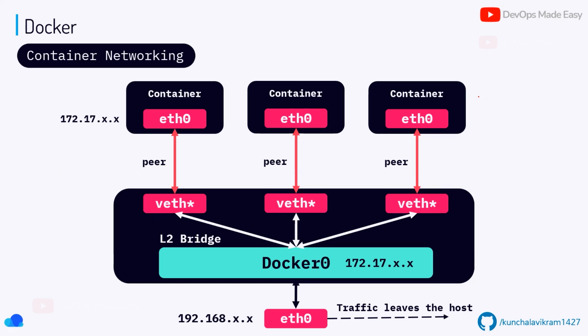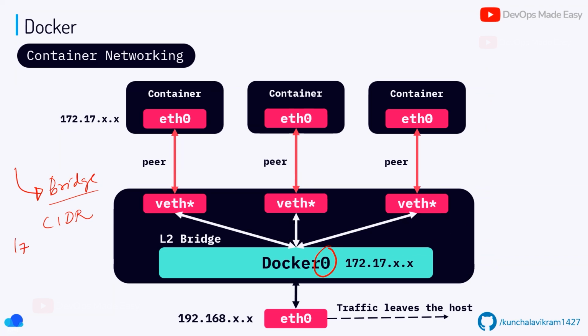Here these are all containers, and you can take this as your host part. Whenever you install Docker, a default bridge network called Docker 0 is created. Since this is a bridge network, it should have a CIDR range, like what all IP addresses it can allocate to the devices that connect to this bridge network.